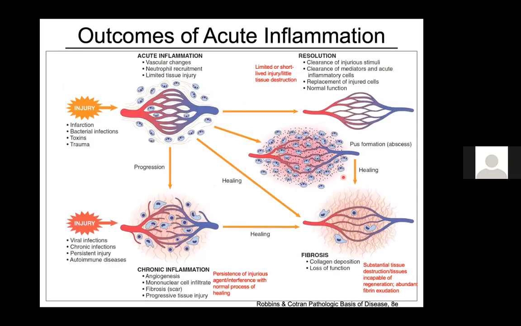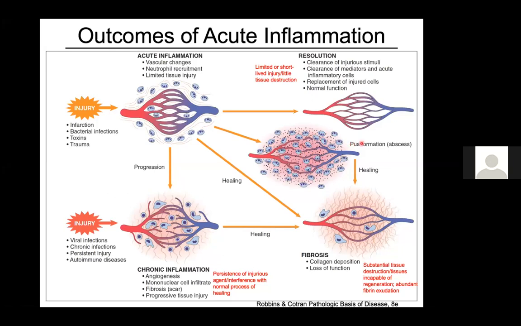So finally, the outcomes of inflammation. You get your injury, you get activation of an acute inflammatory response. If the injury is gotten rid of and the pathogens are gotten rid of, you get resolution, so the tissue goes back to normal. Sometimes you get a very purulent response, with a lot of neutrophils accumulating and dying, and you get accumulation of these dead neutrophils with the pathogen and so forth.